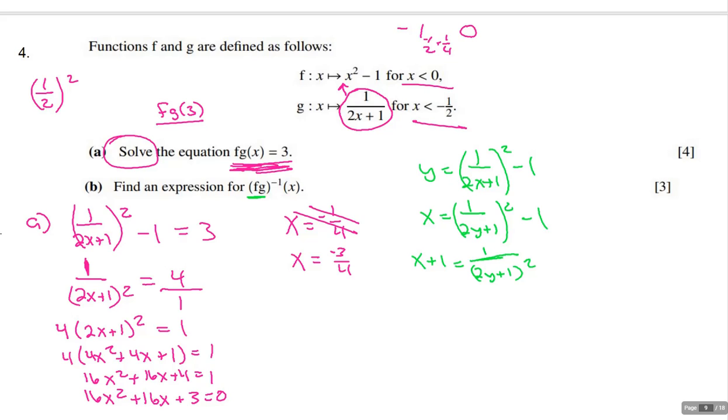So what can I do? Multiply by the reciprocal. Well, yes, exactly. So I'm going to multiply both sides by 2y plus 1 squared. Now these are going to cancel out. And so it leaves me with this: 2y plus 1 squared times x plus 1. I'm going to write it again because it's kind of messed up.